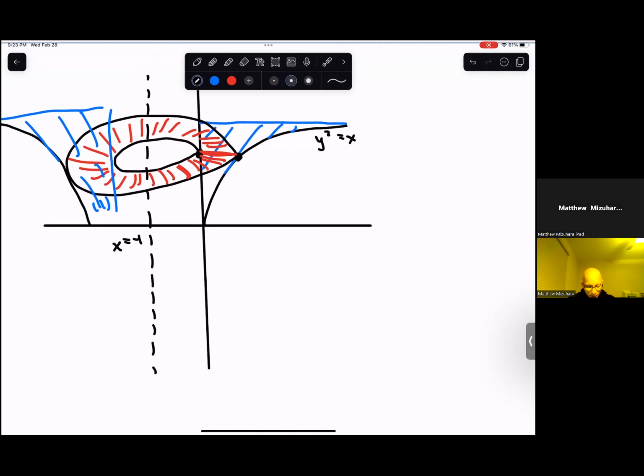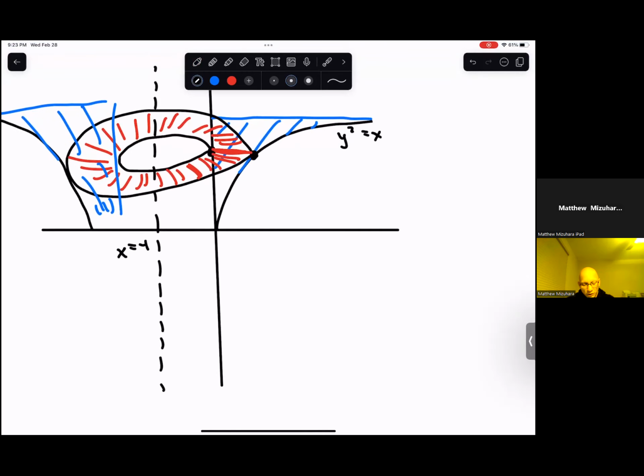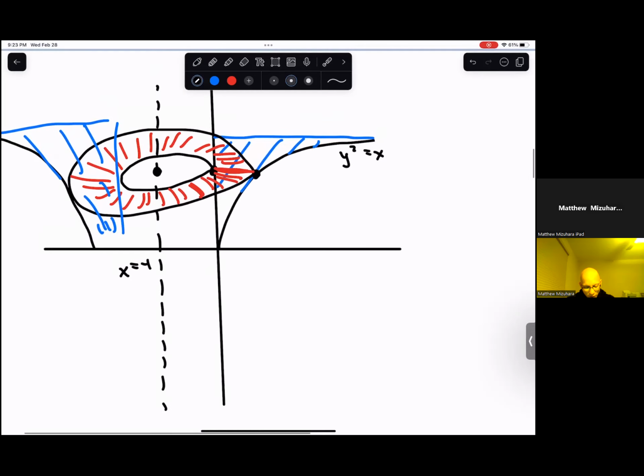I need to calculate the area of this washer, which amounts to calculating the radius of both the inner circle and the outer circle. So the inner circle is actually easier to do here. If I think about, what's the distance from here to here? Well, that distance is the same.